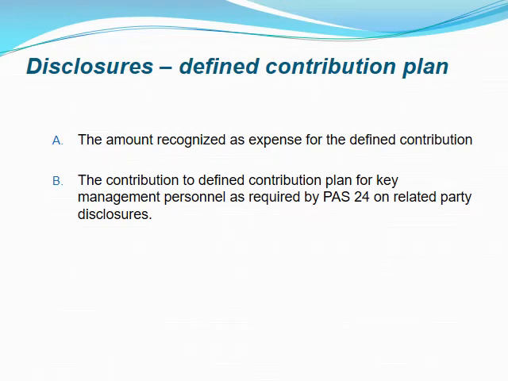But before the illustration, let us be familiar with the disclosures under defined contribution plan. Letter A, the amount recognized as expense for the defined contribution. Letter B, the contribution to defined contribution plan for key management personnel as required by PAS 24 on related party disclosures.